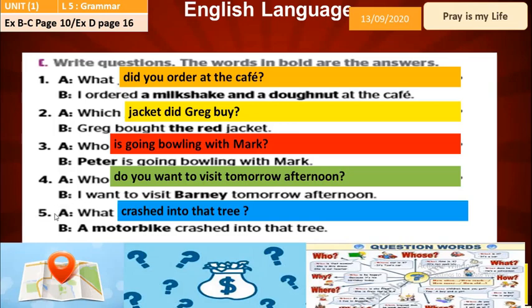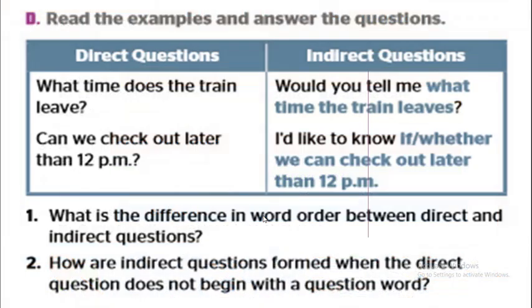The last question asks about a motorbike that crashed into that tree, and the motorbike is the subject. So the question will appear like, what crashed into that tree, with no inversion. And let's move to the last task.